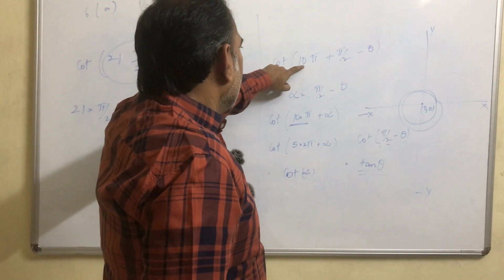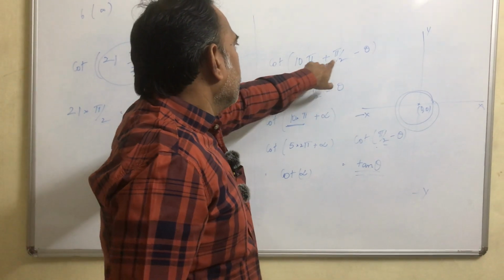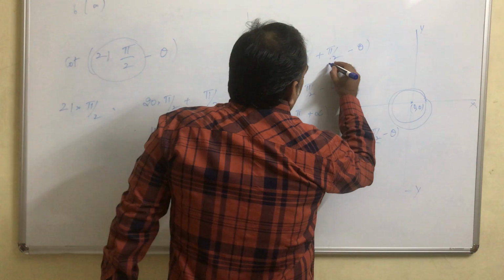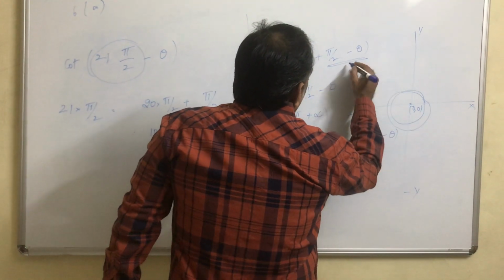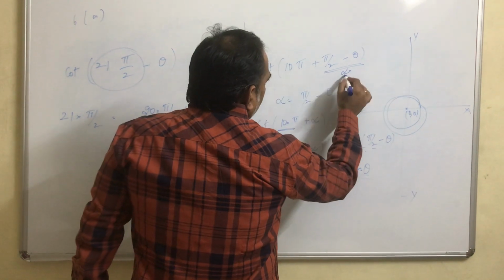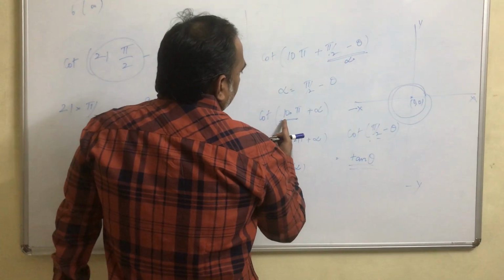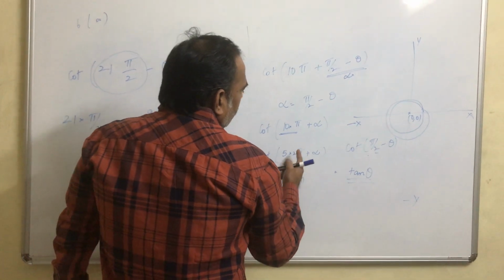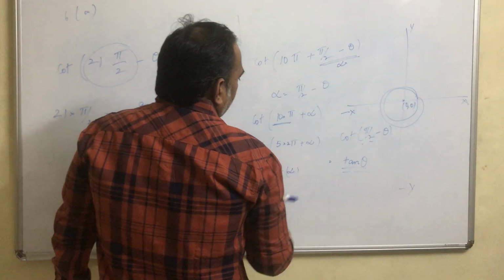After that, 10 pi plus pi by 2 minus theta. Consider this pi by 2 minus theta as alpha. If we just substitute this here, that is 10 pi plus alpha. 10 pi can be written as 5 into 2 pi, right, plus alpha.